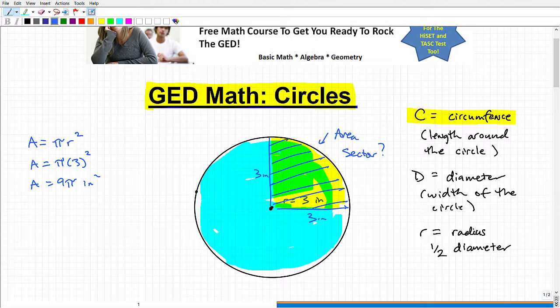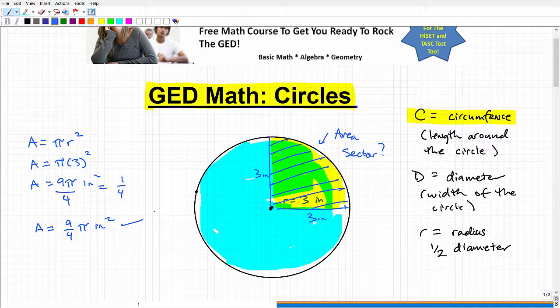So if I take the total circle and divide it by 4, I'm going to get 1/4 of the entire area. So really, 9/4 pi inches squared is going to be the area of that sector.